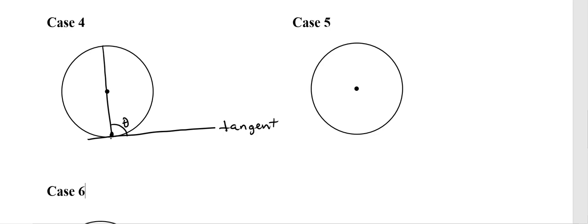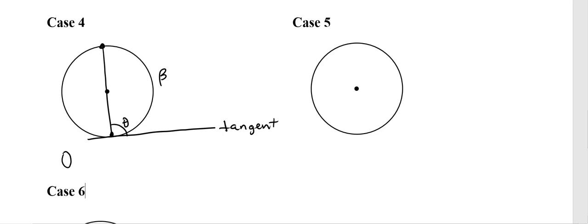The arc it intercepts is defined to be the arc from the point of tangency along the right side of the circle to this opposite point on the diameter. And we'll call that arc right there beta. Well, I want to show that beta has twice the measure of theta.